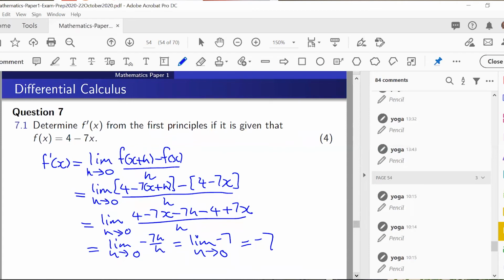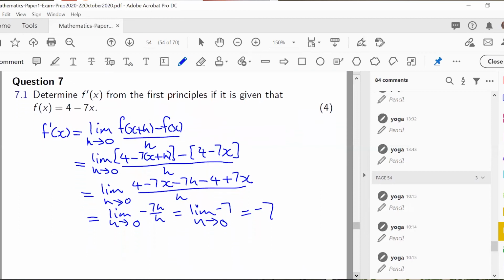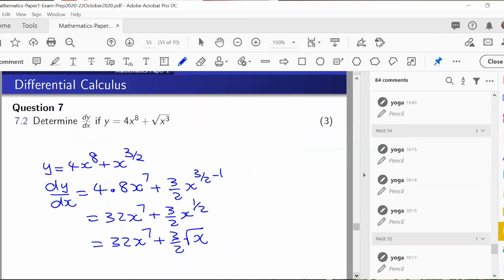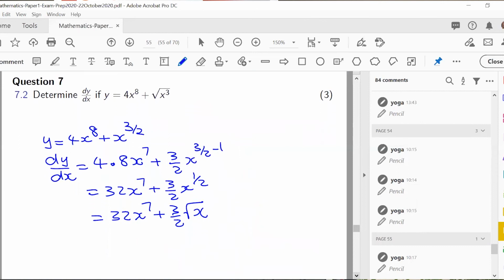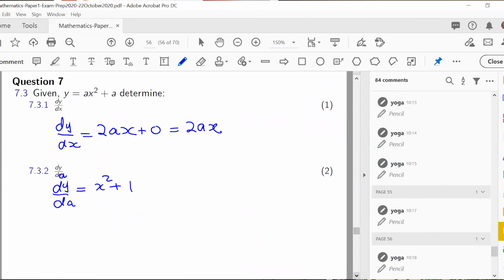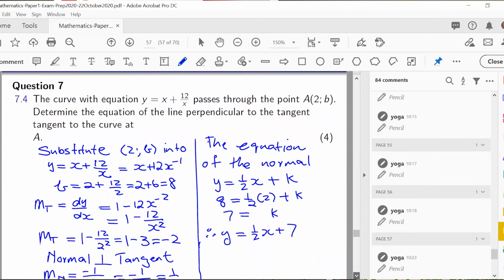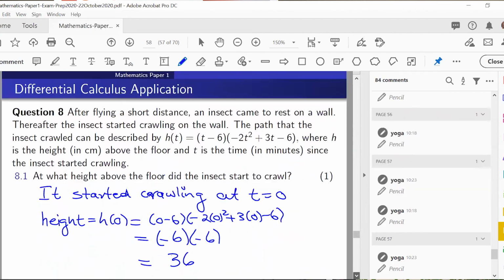Question 6 is complete. We did question 7 before, so I'm going to check any sub-question that we might have left out, and it seems like we did almost everything on question 7.